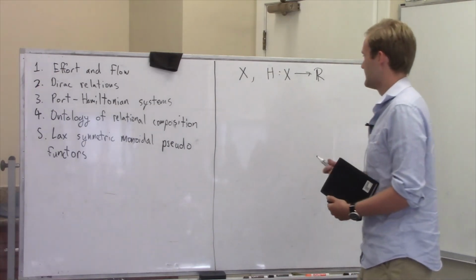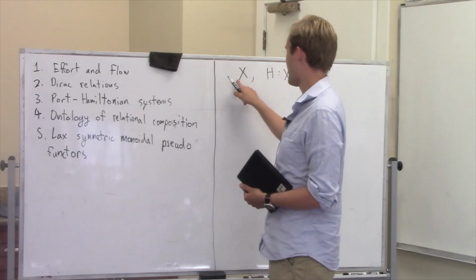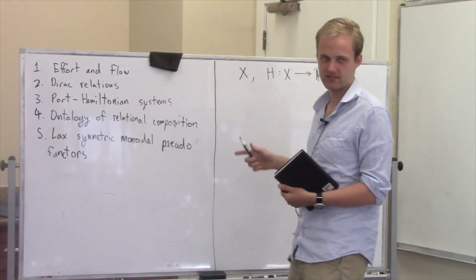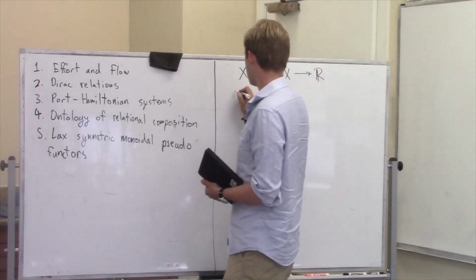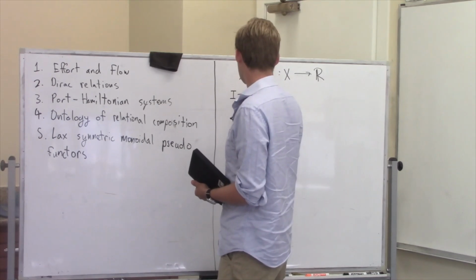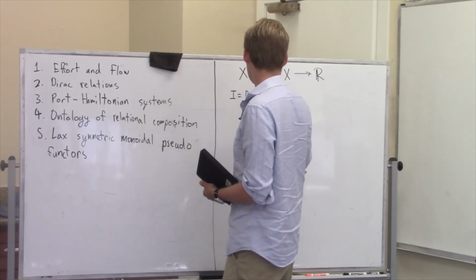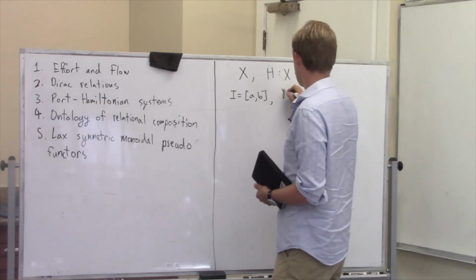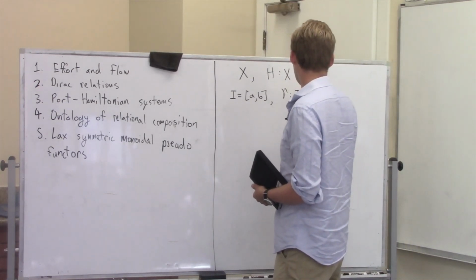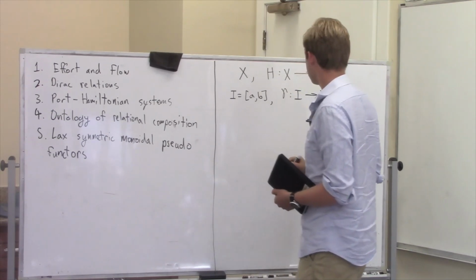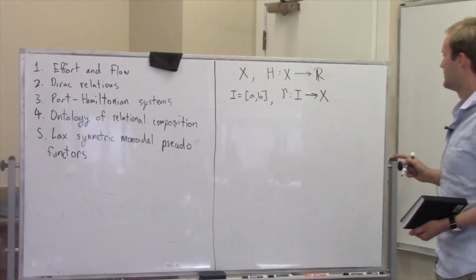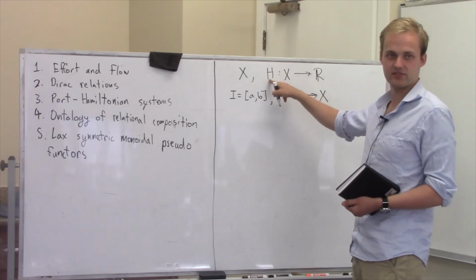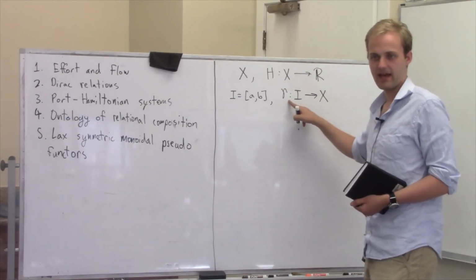And let's suppose that we have a path through this system. So we have some time interval, I equals like A to B, and a path, gamma, going from I to X. Well, let's look at how H changes over this path.